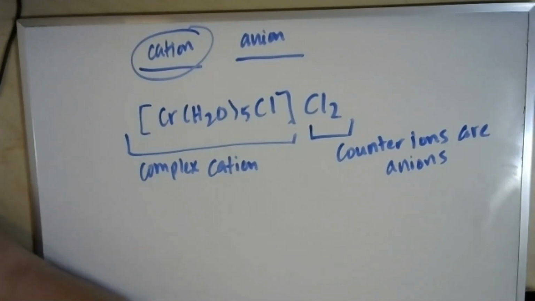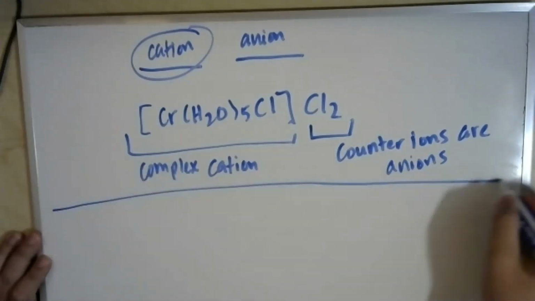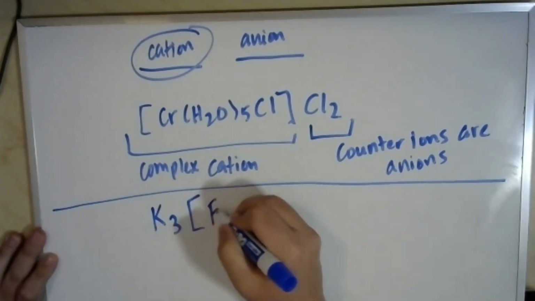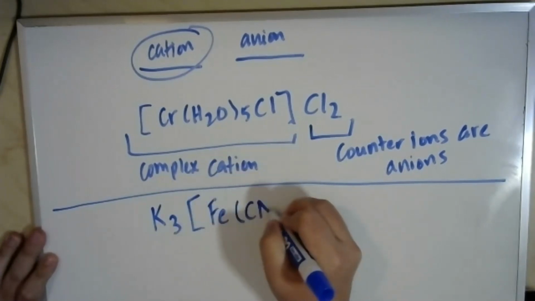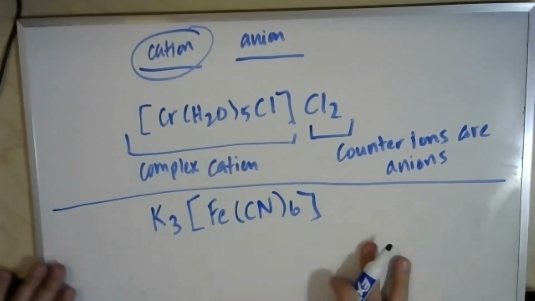Now, in one of the next examples that we'll look at, you might see something like this: K3[Fe(CN)6]. Okay.